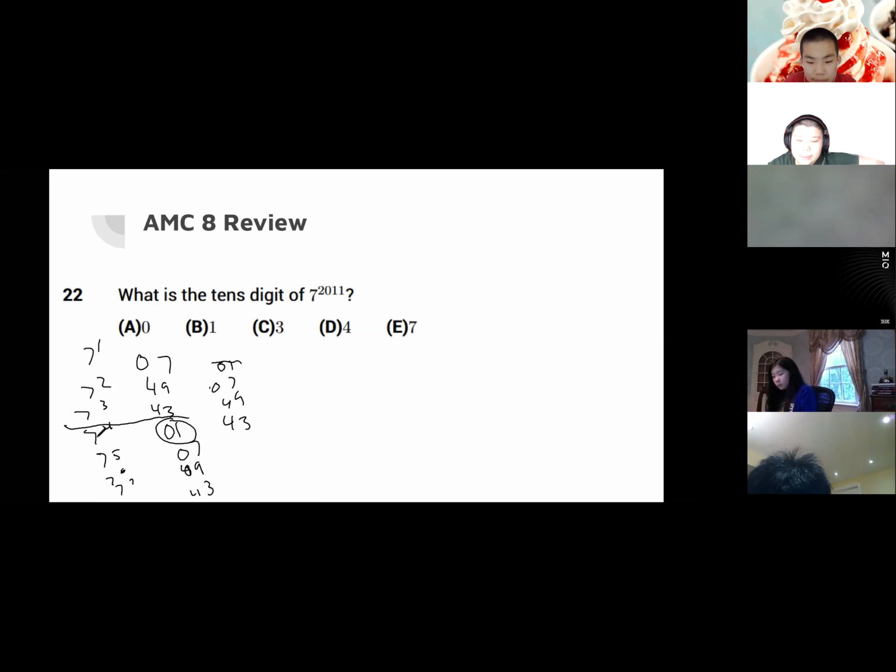What this means is it repeats every 4. So 2011 divided by 4 is equal to 502 plus some remainder, which is 3, but that's what you care about. I guess one way you could think about this is that it repeats every 4.